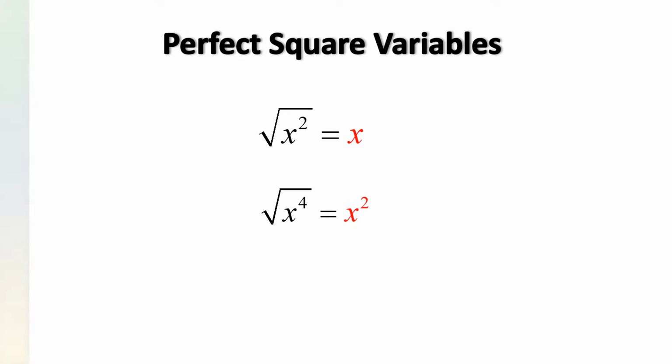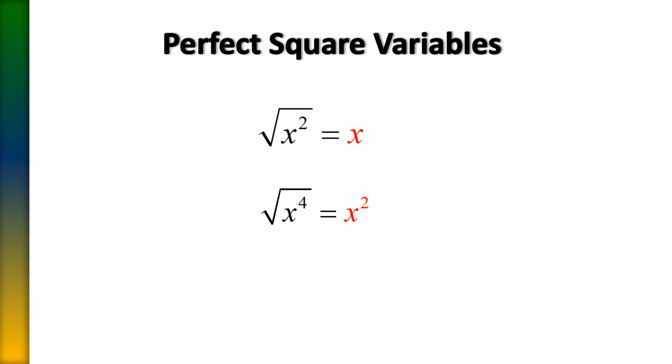Perfect square variables. A variable is a perfect square if its exponent is an even number. Again, a variable is a perfect square if its exponent is an even number. So all you have to do is divide the exponent by 2.